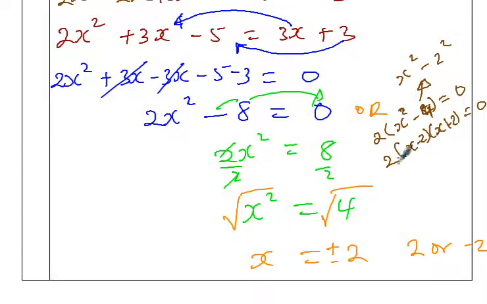And now we have 3 factors, but we know that this cannot be a 0, it is a 2. So since this cannot be a 0, that means either this x minus 2 should equal to 0, which gives us the positive answer, or x plus 2 is equal to 0, which gives us a negative answer.